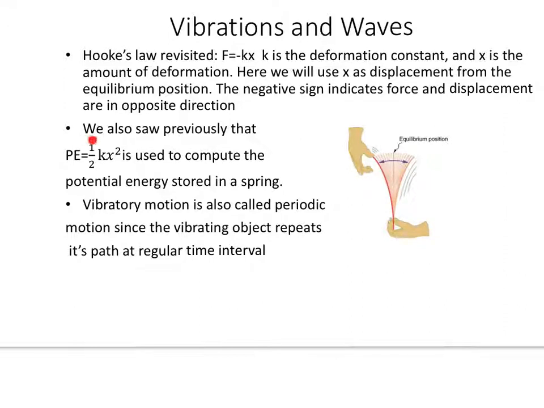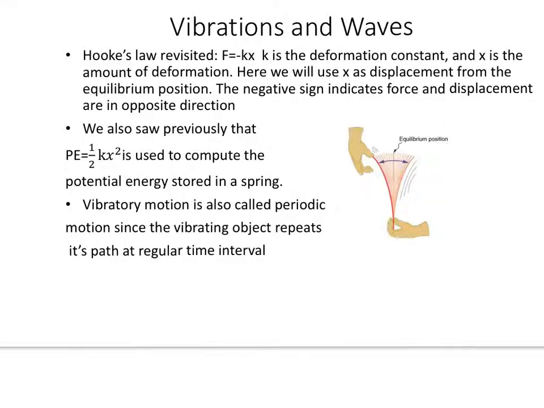Okay, so we saw previously the potential energy stored in a spring is 1/2 kx squared. We're going to be using the same equation for this more general situation, where this doesn't necessarily have to be a spring, although it could be, but it's just an object that undergoes this periodic or vibratory motion.